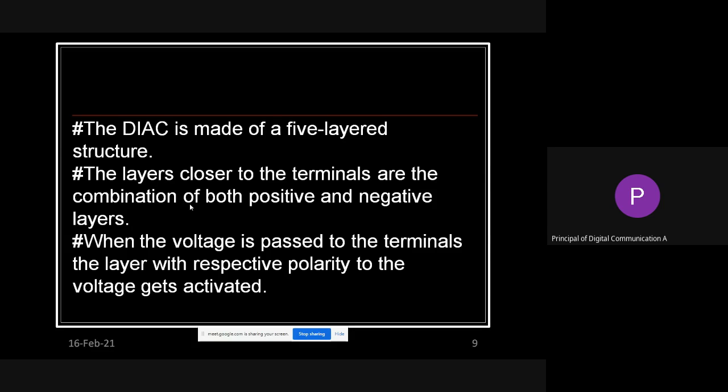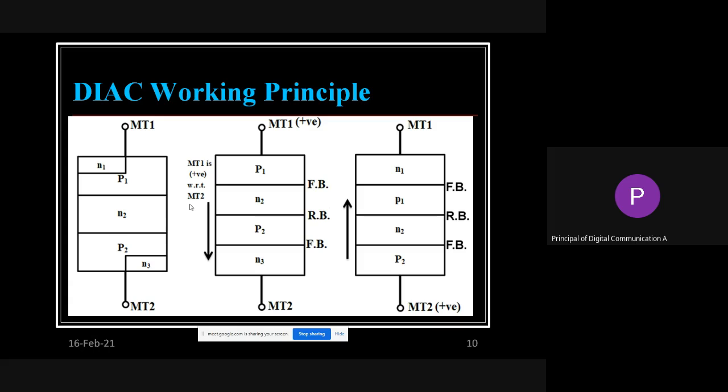Now, a little introduction about this diac. The diac is made up of a 5-layered structure. So let us see this first diagram. How many layers are there, you can observe.